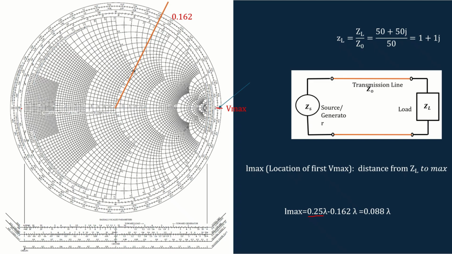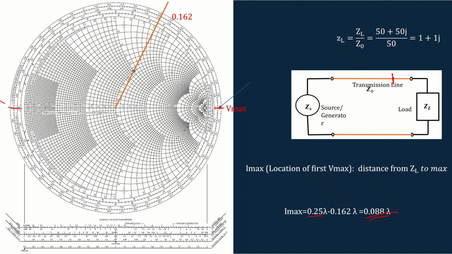So the Vmax corresponds to 0.25 lambda. So 0.25 lambda minus 0.162. That will give you the position of the Lmax. So you get the position of Lmax as 0.088 lambda.